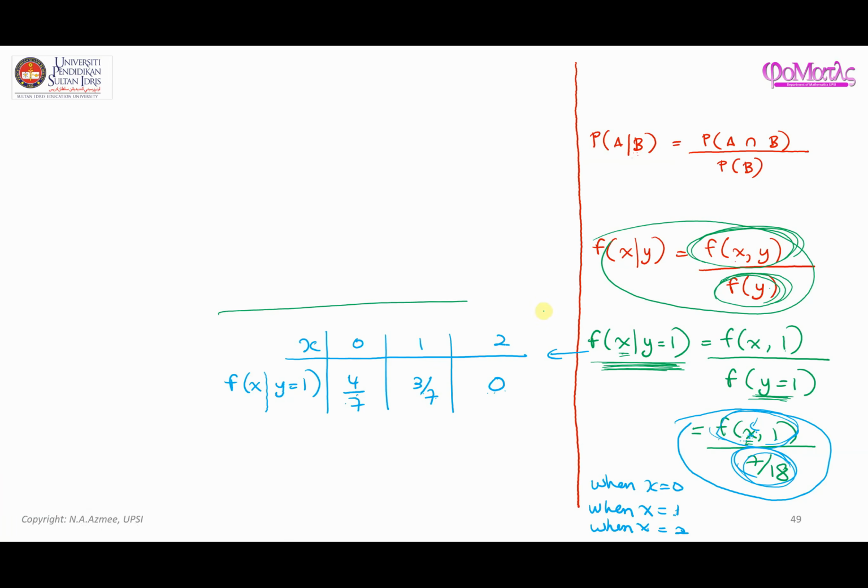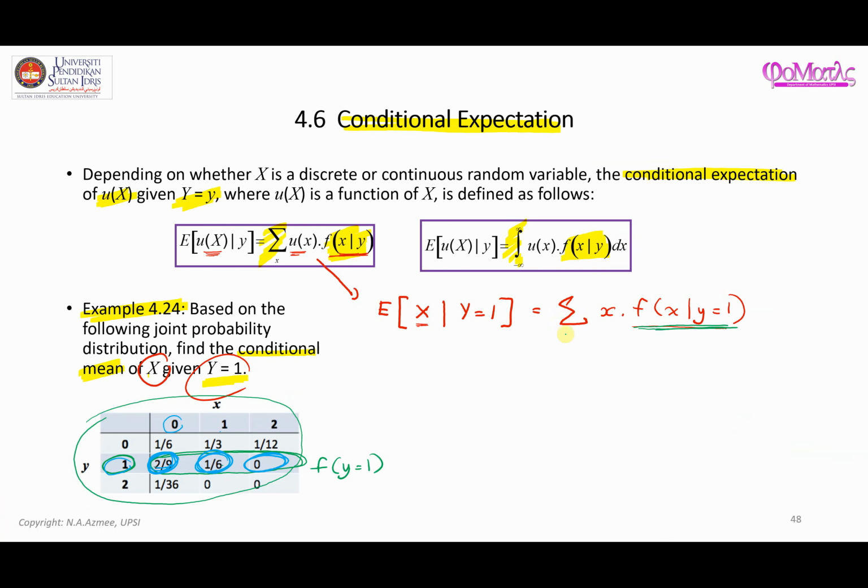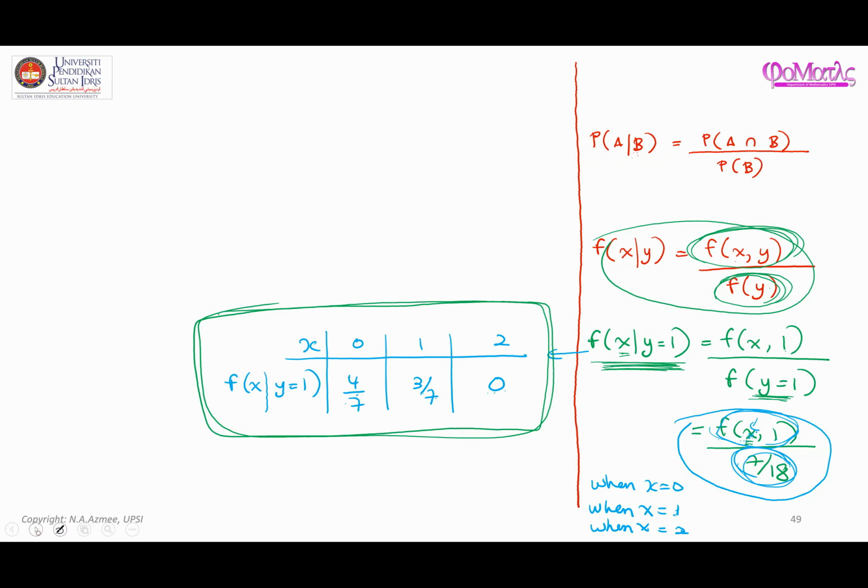And why is this table so important? Because this table will be used in solving this problem. So according to this, we can start replacing the value of x with its conditional distribution of x given y equals 1. So we're going to refer to the table right here. x can be 0, 1, and 2.